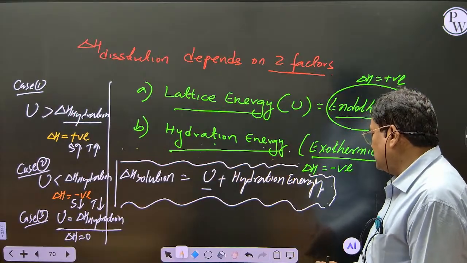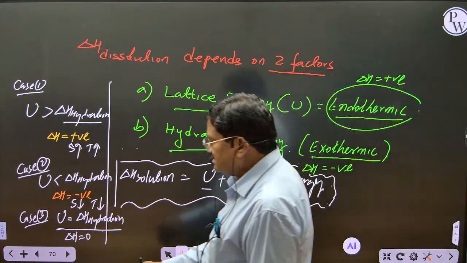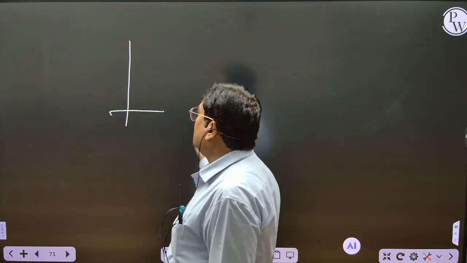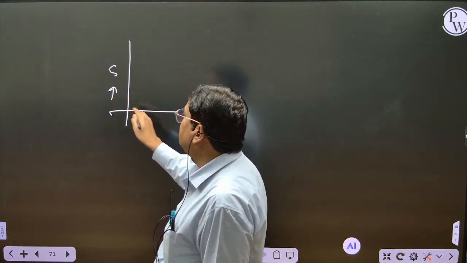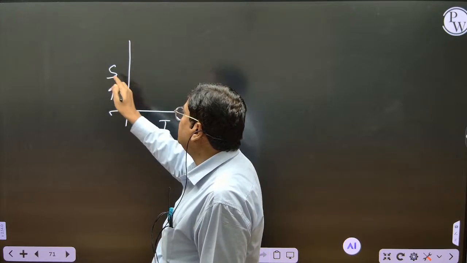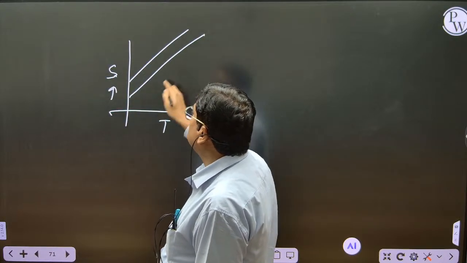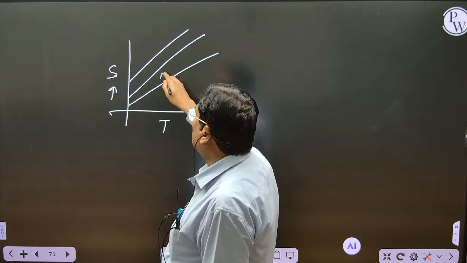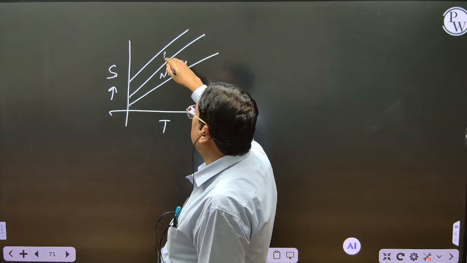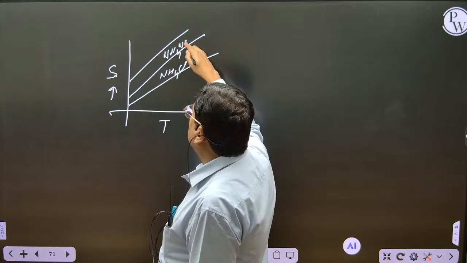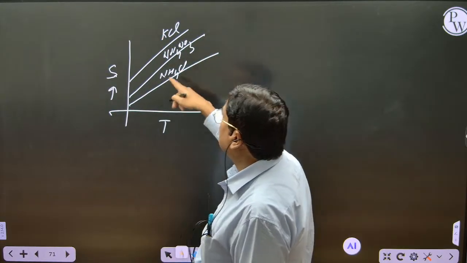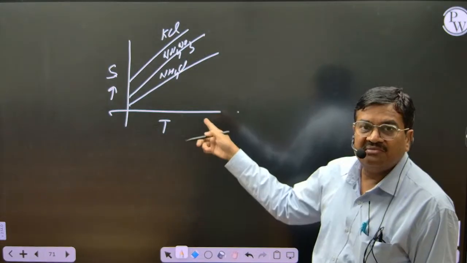Now see, let us draw one graph, solubility versus temperature. When you plot a graph, solubility on the y-axis, temperature here. For the majority of solids, solubility increases, like ammonium chloride, ammonium nitrate, and KCl. Why? Their dissolution process is endothermic.